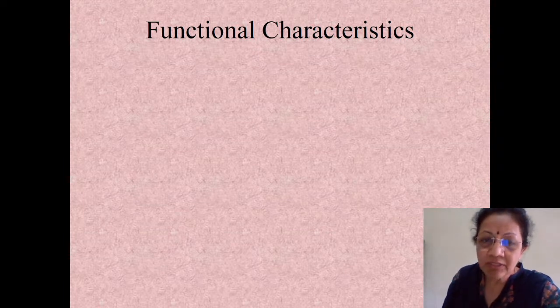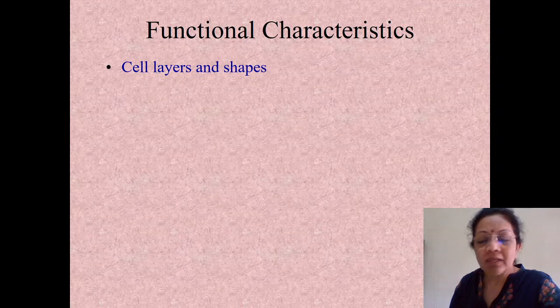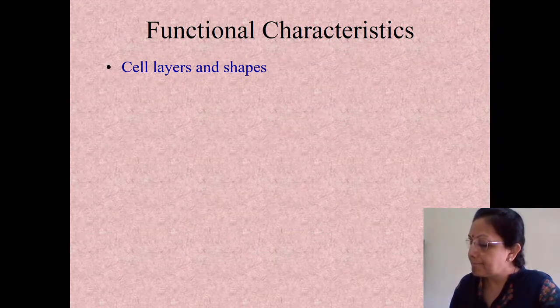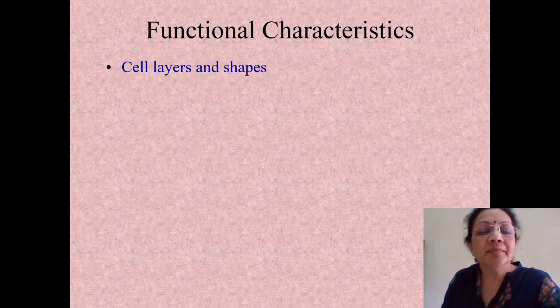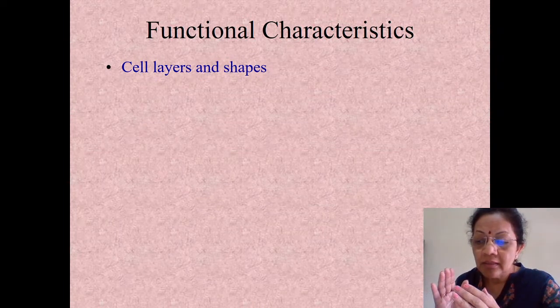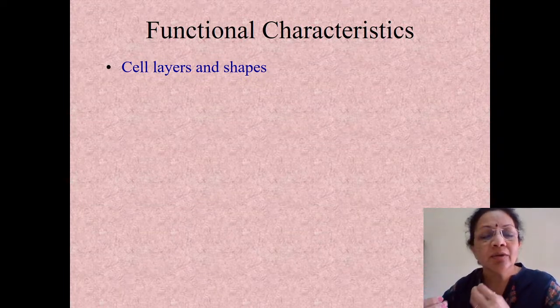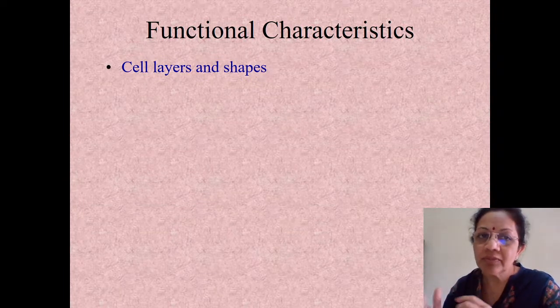So what we had said was that the cell layers and shapes are what determine the epithelium in terms of how many cells, what is the density of cells, and what is the layout of the cells together.